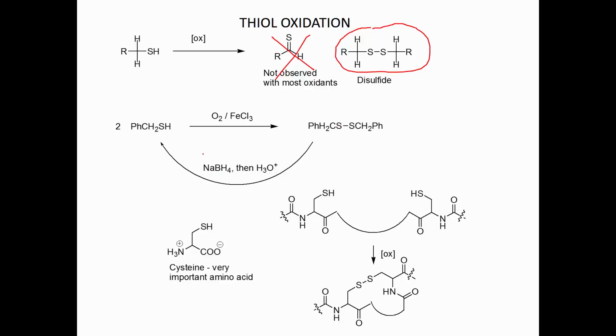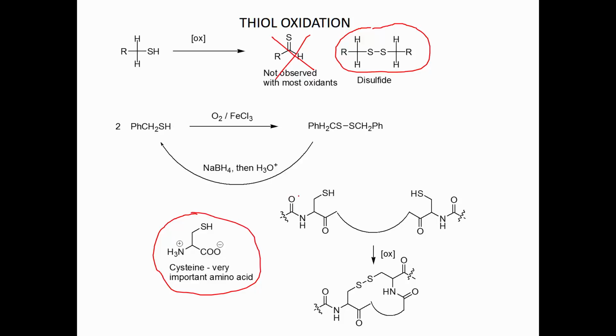Oxygen and iron is a very efficient reagent for transforming two thiol units to a disulfide. Okay, you can transform a disulfide back into a thiol by treating it with a reducing agent like sodium borohydride. Thiols are very important molecules in proteins because one of the common amino acids is cysteine, which has an SH group.